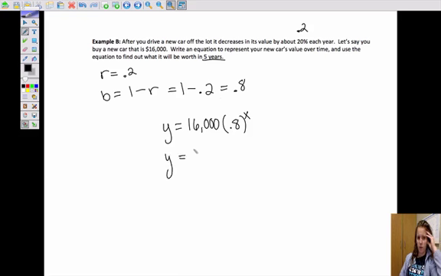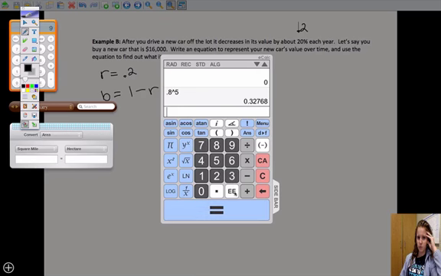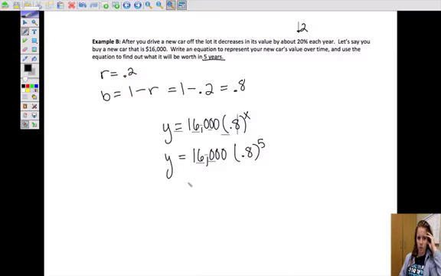Right? So I'm going to start by just taking that exponent, 0.8 to the 5th power. That's 0.32768. So that's going to be y equals 16,000 times 0.32768.